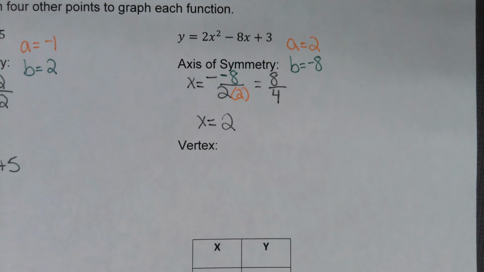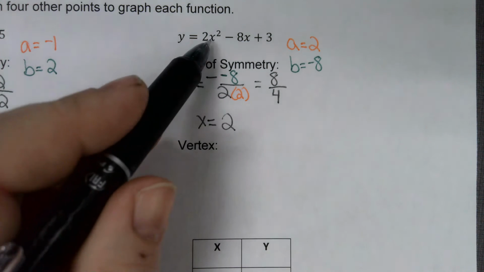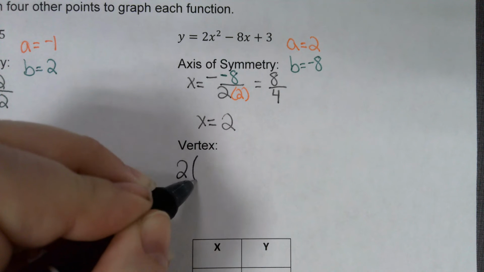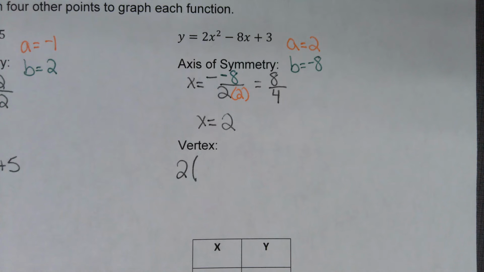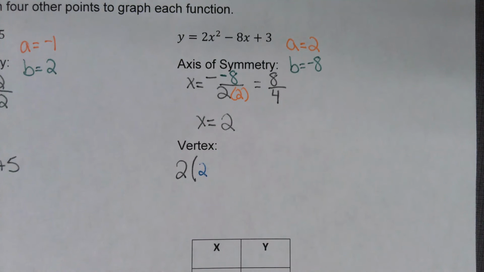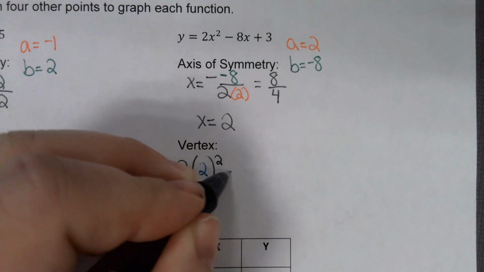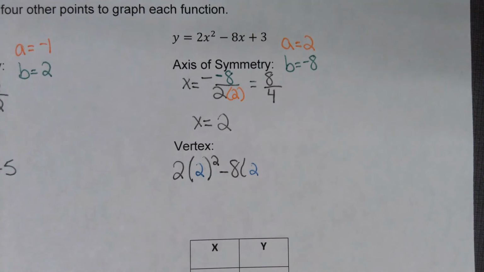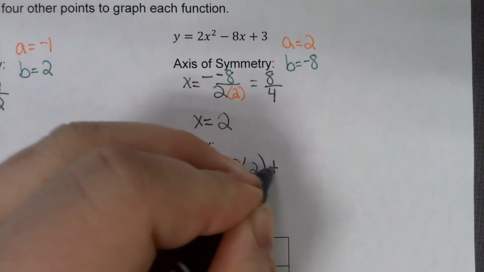To find the vertex, we're going to need to take that 2 and replace both of the x's. So 2 and then parentheses, and plug in our value for x. Squared minus 8 times 2 plus 3.